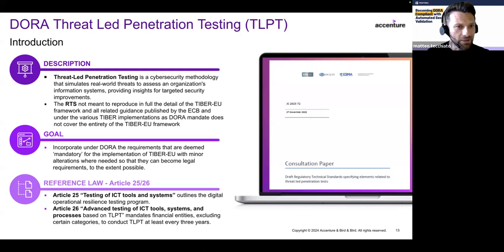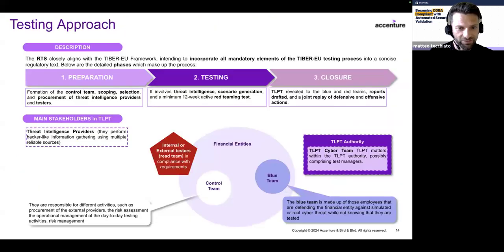It's something similar to, but more simplified than, the TIBER framework, similar in terms of approach. Let me say just simplified because there are some specific parts of TIBER that are not included. So if we can jump to the following slide, you can see the details of this phase.